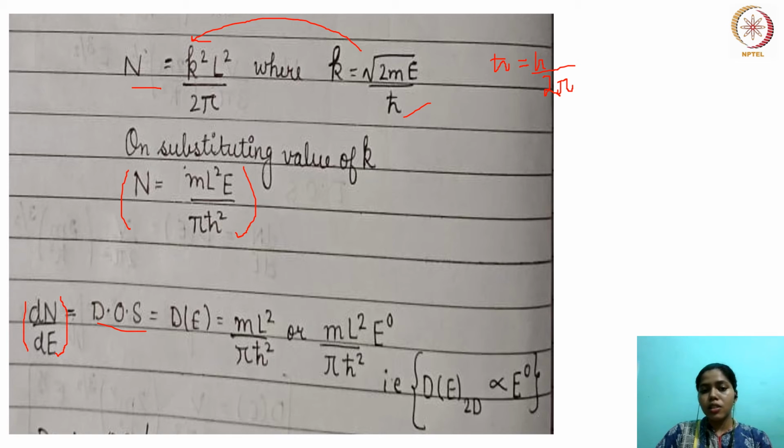Since there is no E term present, we can also write E raised to the power 0, and that value is actually 1. So for the case of two dimensions, density of states is directly proportional to E raised to the power 0.